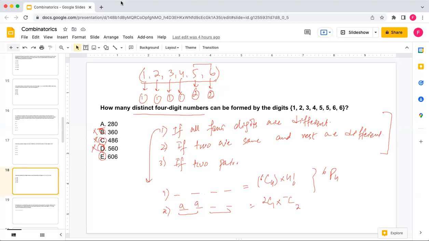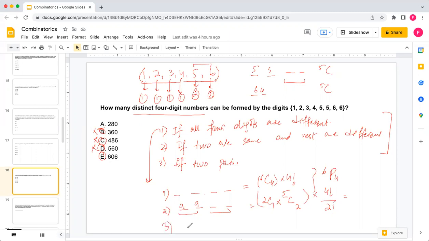Because if you think this way, the first scenario is if you choose both 5, then for the remaining, you need to choose out of the remaining 5. And if you choose 6, again, you need to choose out of the remaining 5, right? So this is 5. And if you need to arrange this, that will be 4 factorial divided by 2 factorial.